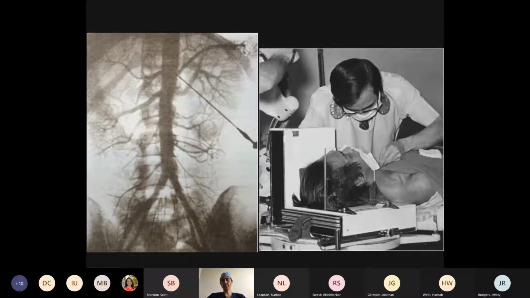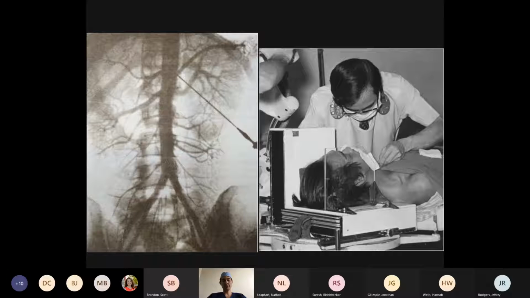The picture on the right is a cerebral arteriogram. You see a physician there with no gloves, sticking the patient's neck with a needle, aiming for the carotid. Then, the same thing: they hook up the needle and syringe with contrast, inject it, and you see on the side of the patient, that's the X-ray cassette.